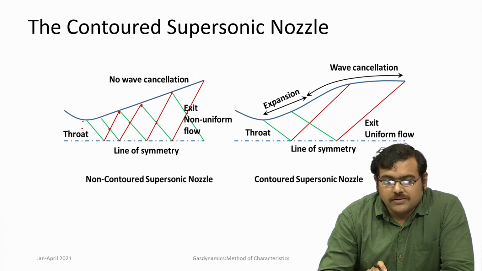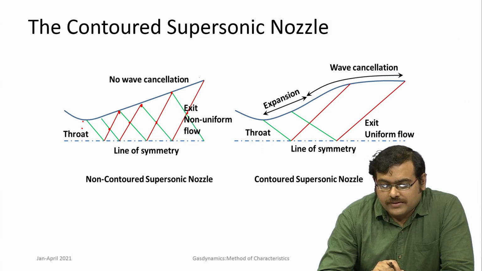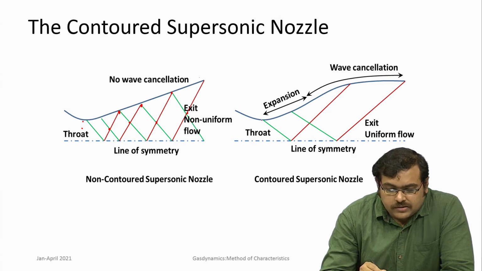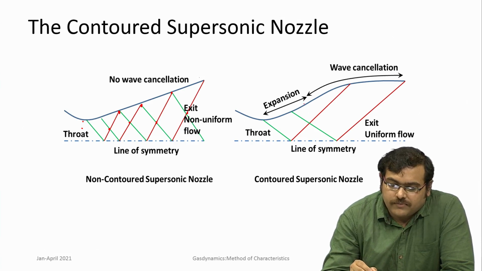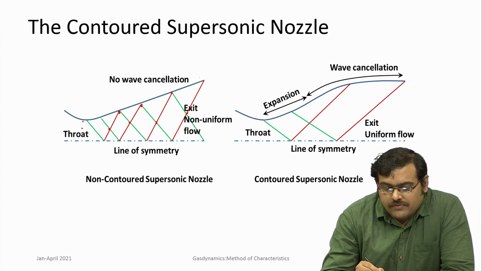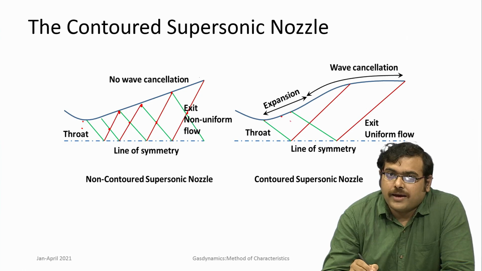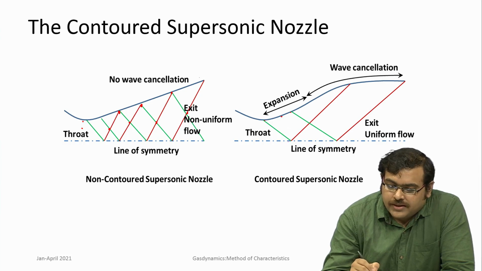Now, this is based on the principle we have just discussed on characteristics and wave cancellations. At the throat there is an expansion, you can have a smooth expansion, then for these nozzles you have an expansion section where the flow is smoothly expanded, and here the expansion waves, which are nothing but Mach waves, are produced and they go and impinge upon the walls.